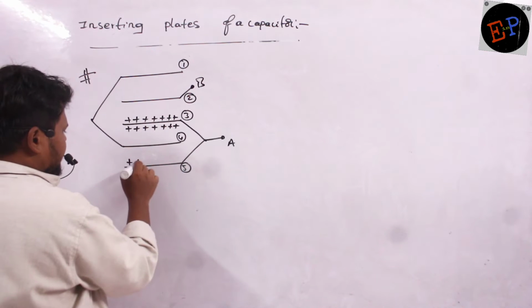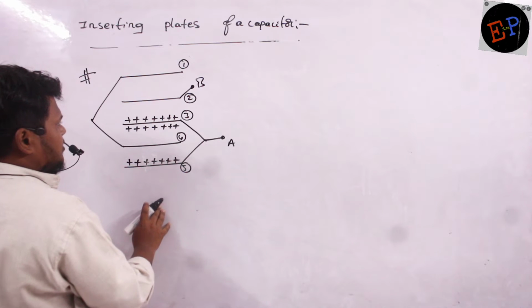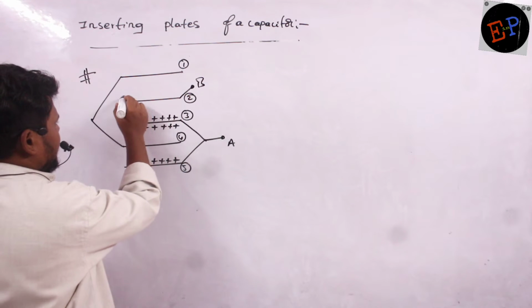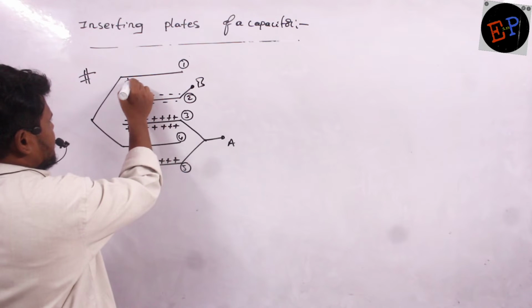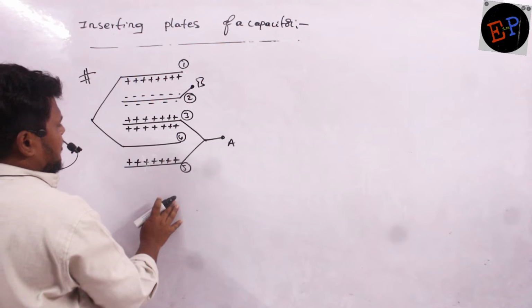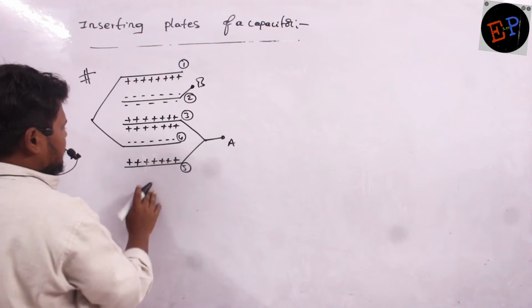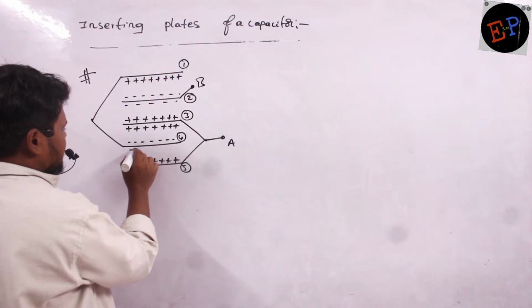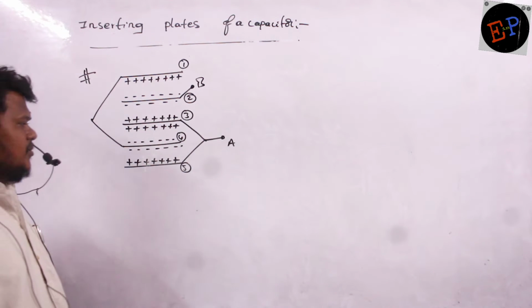And which are connected to the negative terminal here? Plate B is connected to the negative terminal. So these negative charges will induce positive charges on the first plate. And these positive charges will induce negative charges on the fourth plate. These positive charges also will induce negative charges on the fourth plate. That's all.